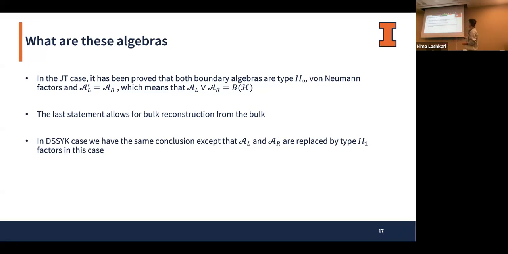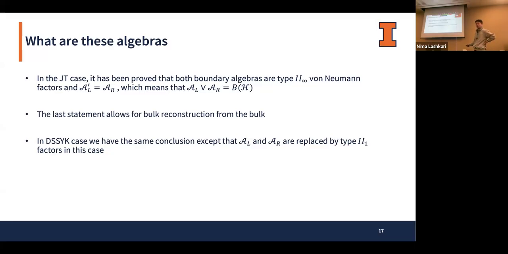Now in the JT case, it's type II_infinity, and we can prove that A_L is actually the commutant of A_R. The commutant just means every bounded operator which commutes with some algebra, so A_L is just everything which commutes with A_R. By showing this, we can show that if you put A_L and A_R together, you can generate everything in B(H).